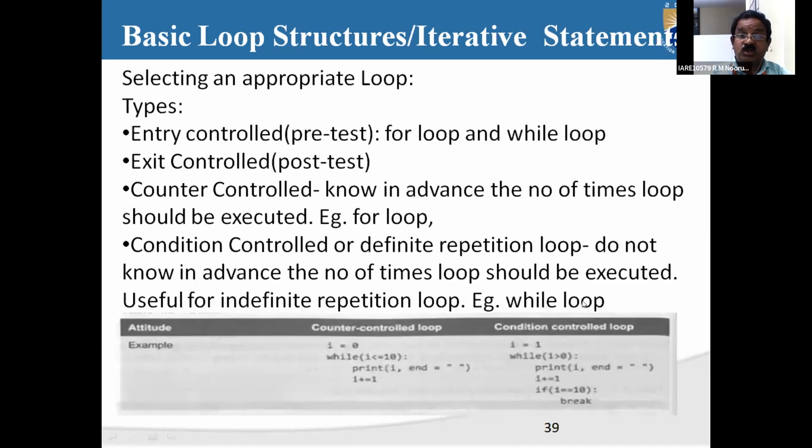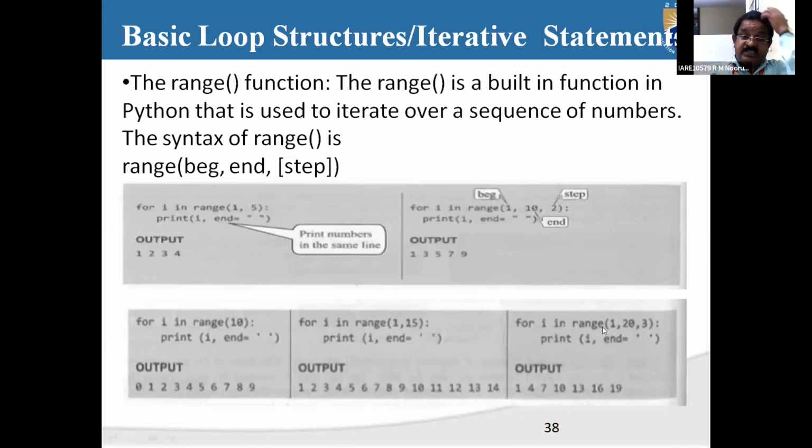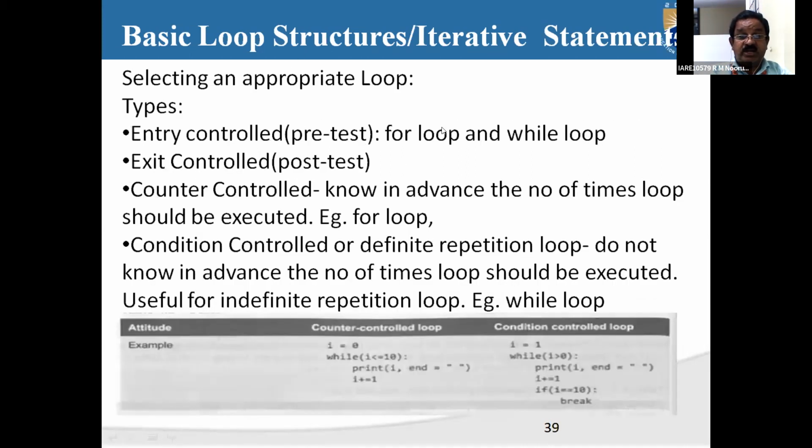Why? Because the condition is checked first. Whether the beginning is within that particular range or not is checked. If it is within that range, then only it enters into that loop, or else it comes out of the loop. Even in the case of while, the condition will be checked. If the condition is true, then it enters into that particular loop.